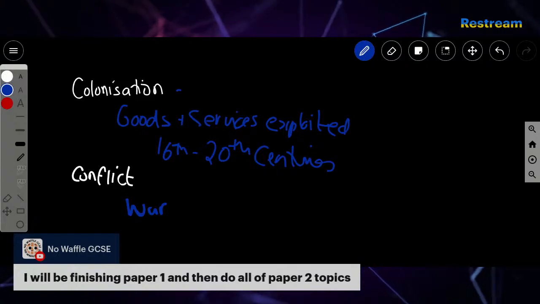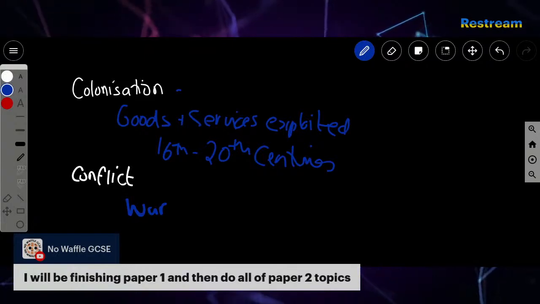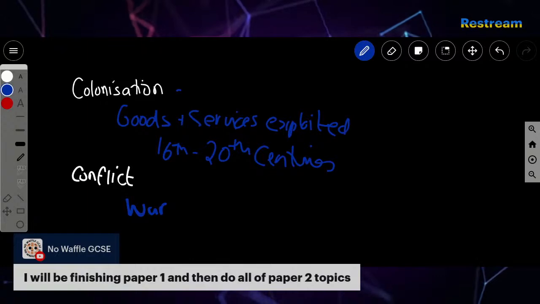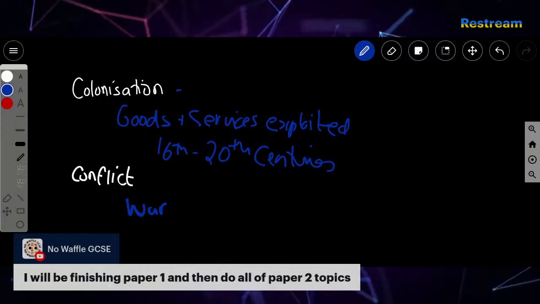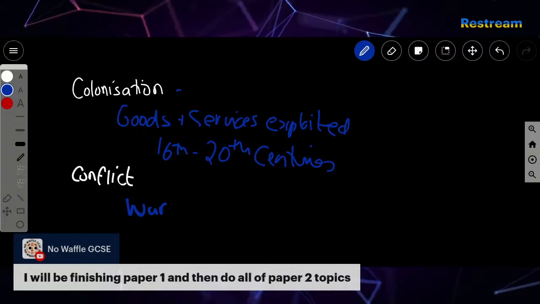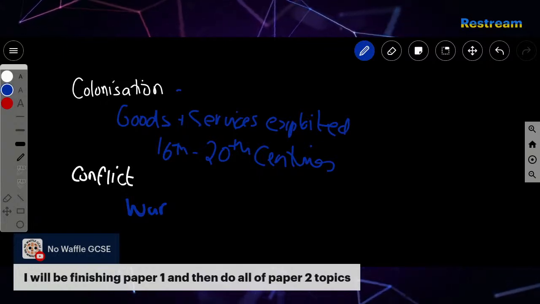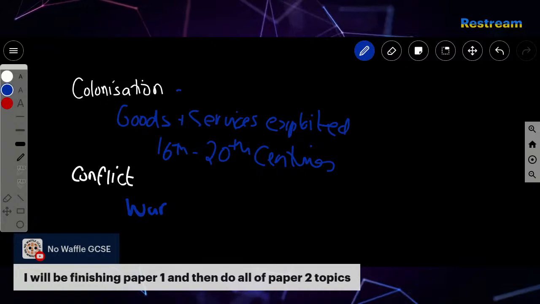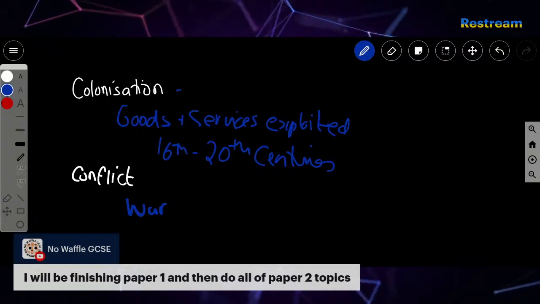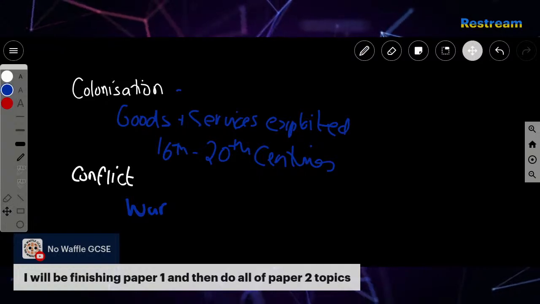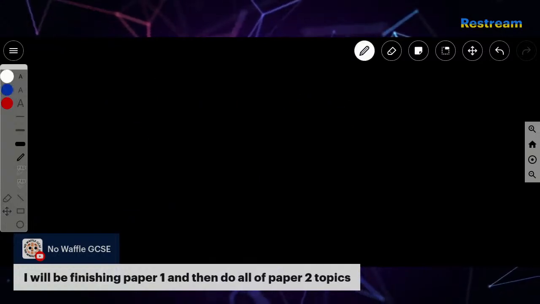Now, we're going to look at the consequences of uneven development. Uneven development leads to differences, and also has caused humongous flows of international migration. So, consequences: wealth.